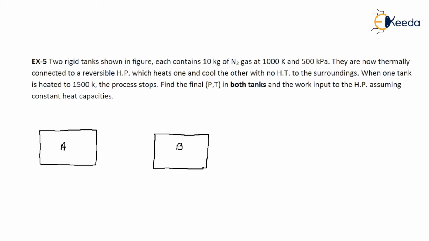Two rigid tanks, each contains 10 kg of nitrogen. That means in this there is 10 kg and there is 10 kg of nitrogen. This is also nitrogen gas, at 1000 Kelvin and 500 kilopascal.